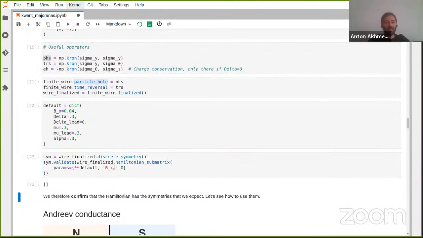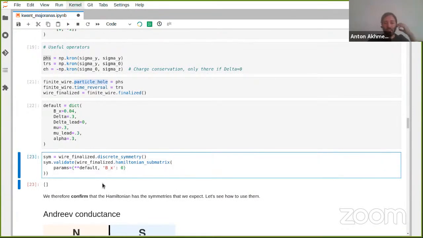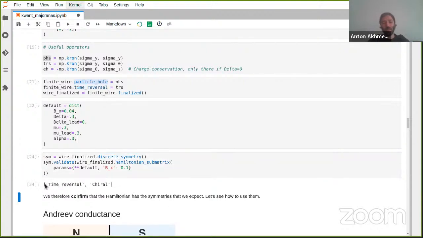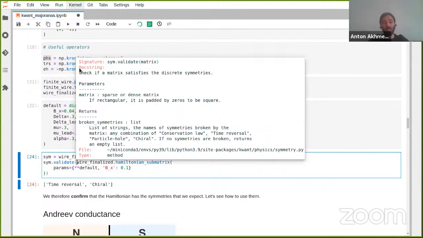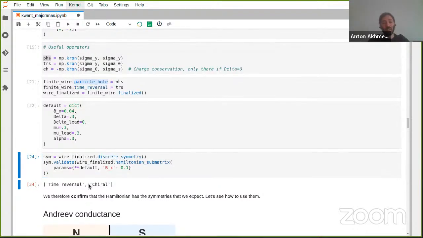So we see that if the magnetic field is 0, then no symmetries are broken. That's how to interpret this output. If we set a finite magnetic field, we see that the time reversal symmetry is now broken. That's what this validate function tells us. It returns the list of broken symmetries. Now it also returns a statement that the chiral symmetry is broken, which you could ask, what is this and why do we even have this?